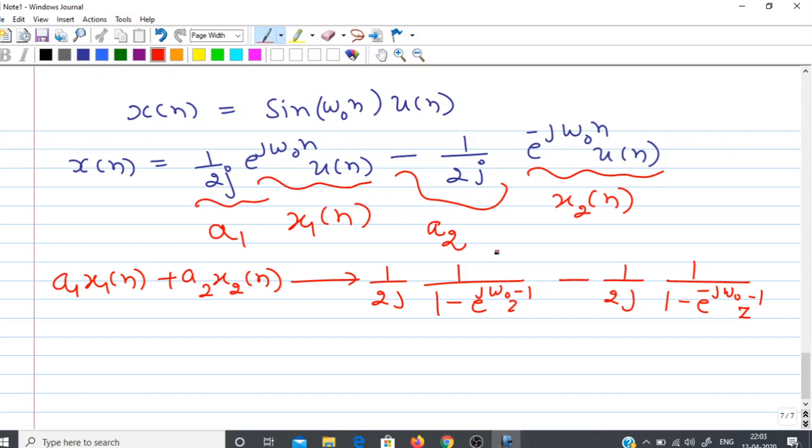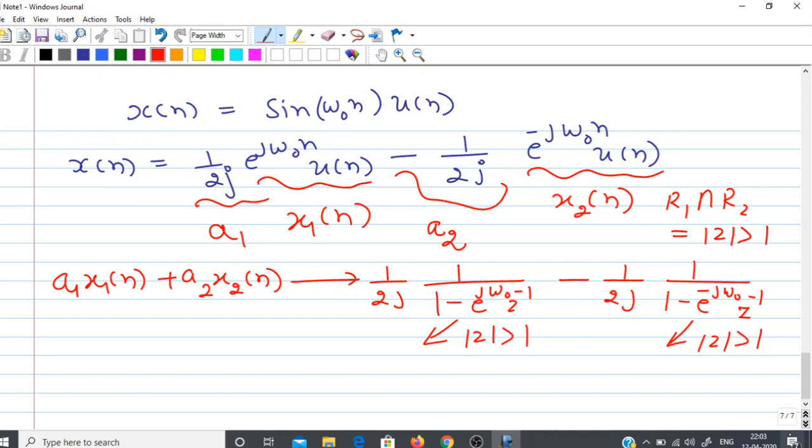And what are the ROCs of X1(z) and X2(z)? Again, the ROC of this is mod z greater than 1. The ROC of this component is also mod z greater than 1. So R1 intersection R2 is mod z greater than 1.